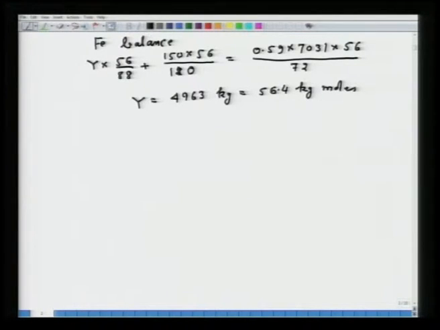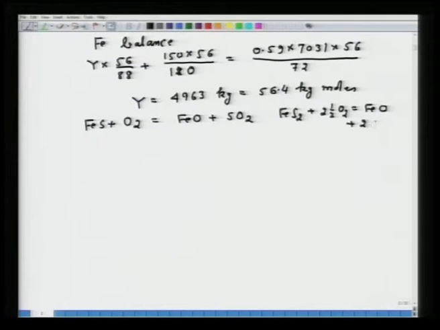Now, the oxidation reactions: FeS plus O2 gives FeO plus SO2, and we have FeS2 also, FeS2 plus 2.5 O2 gives FeO plus 2 SO2, because FeS2 is coming from the flux.